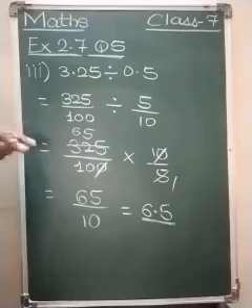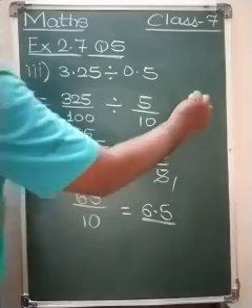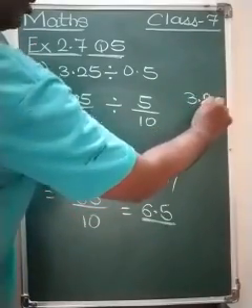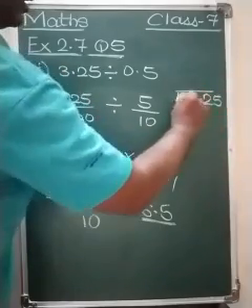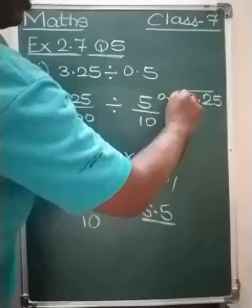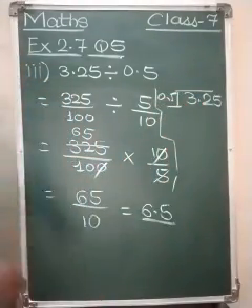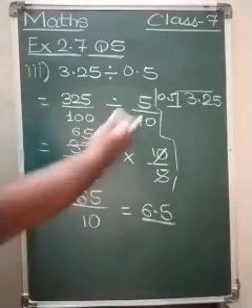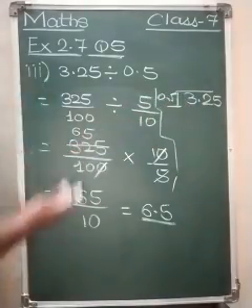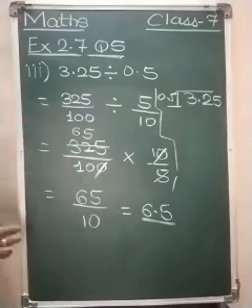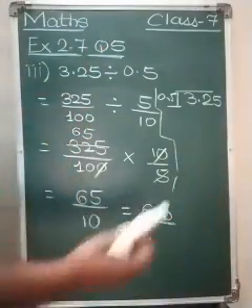Just imagine if you had to do this sum in our conventional way, 3.25 divided by 0.5. Now you decide whether you want to go this way or this way. It is up to you. So let's move further.